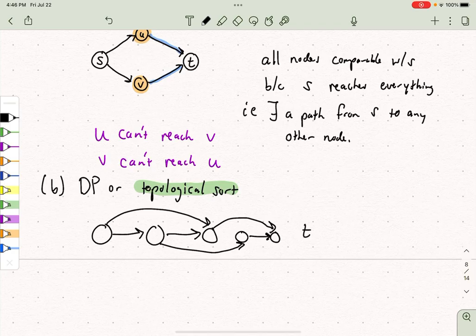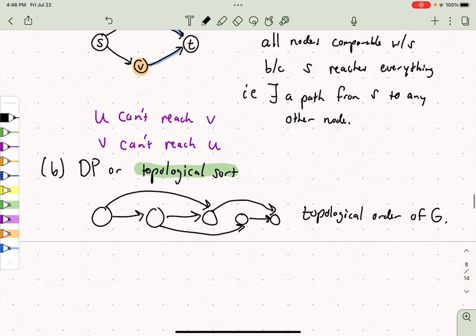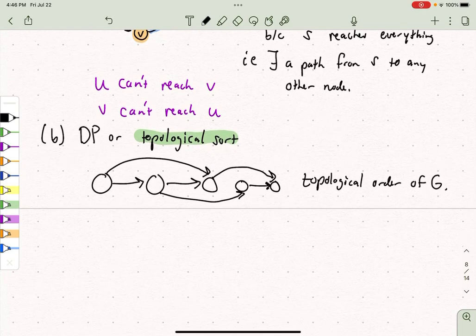So this is the topological order of our DAG G. Now let's think about whether any of these nodes are comparable or not. Let's call them V1, V2, V3, V4, V5, and assume that's the topological order. Then clearly V1 is comparable with everything because it can reach everything through some paths.